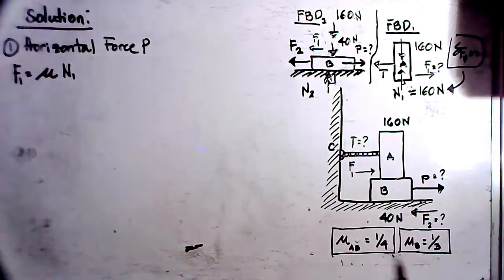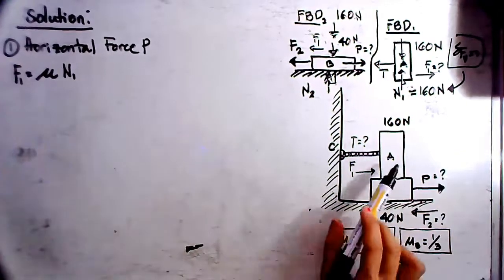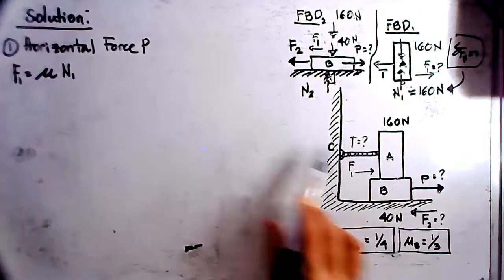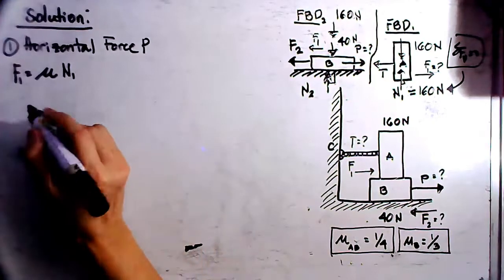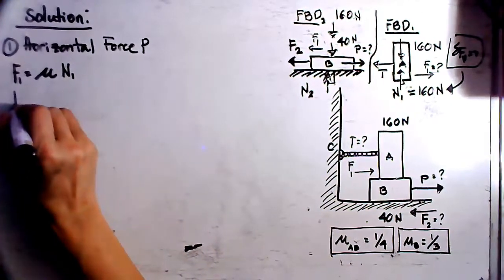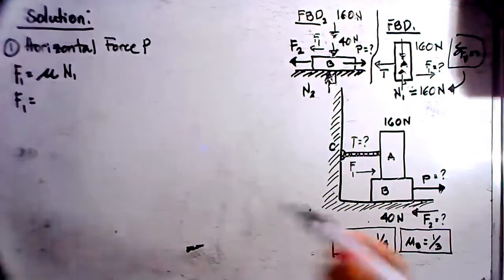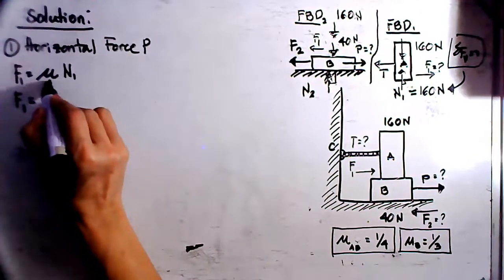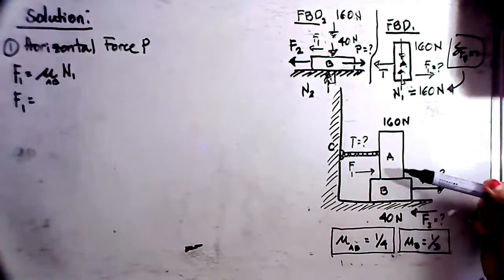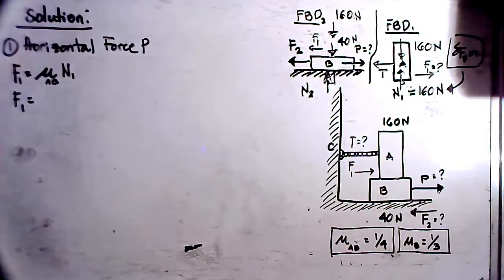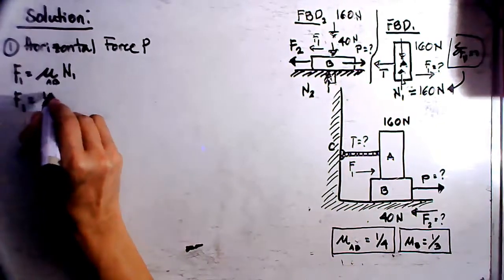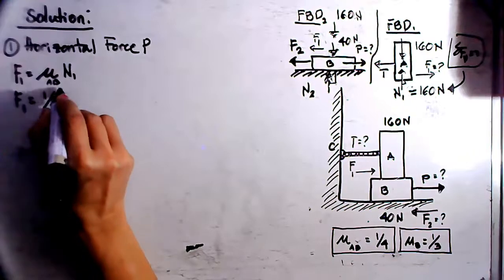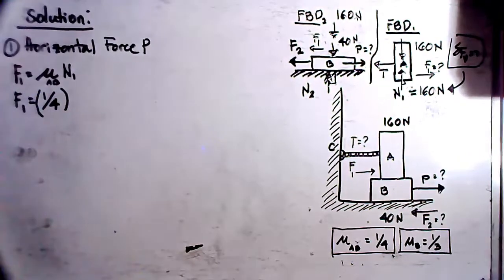Let us represent the frictional force for block A as F sub 1, and the normal force as N sub 1. F sub 1 is simply equal to the coefficient of friction. Remember, we are talking about block A and block B, which are in contact with one another. So the coefficient of friction that we are going to use is 1/4.